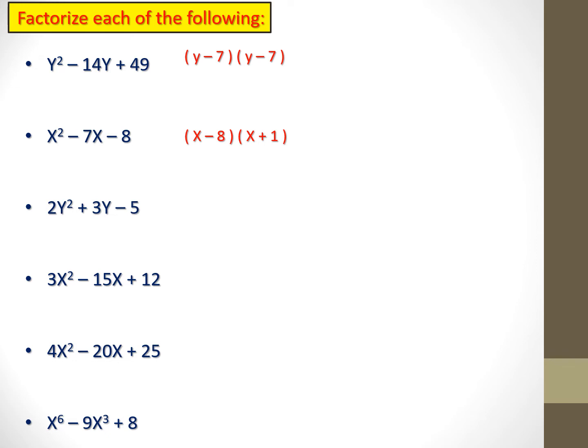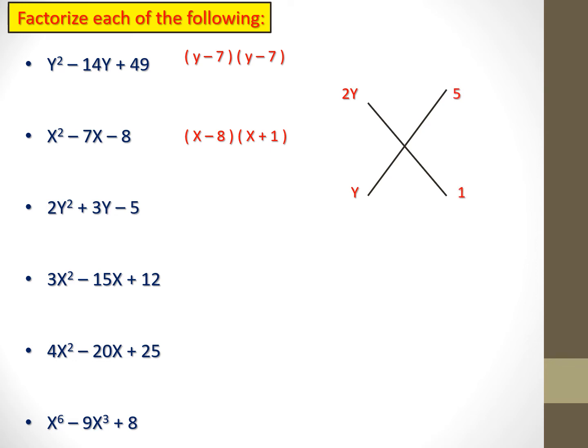The next example, 2y power 2 plus 3y minus 5. Now y power 2 has a coefficient 2, so we can use the cross to factorize this example. 2y power 2 we can analyze into 2y times y. 5 can be written as 5 times 1.